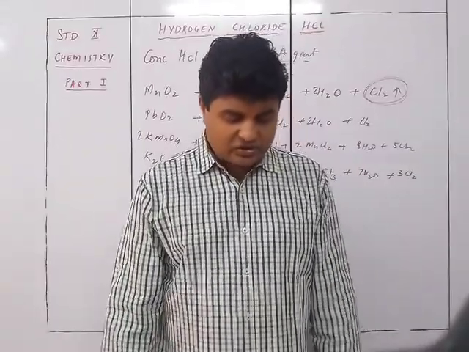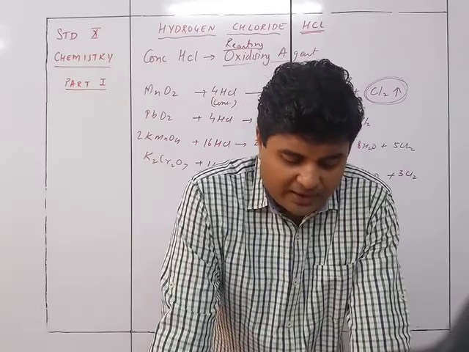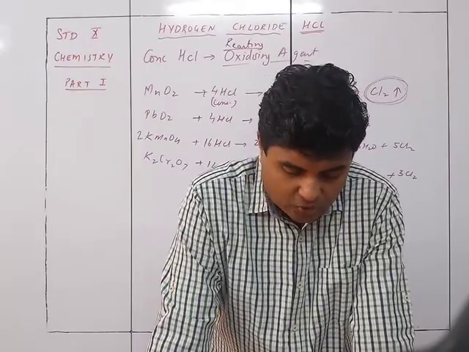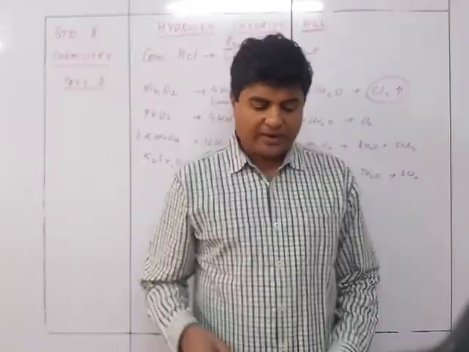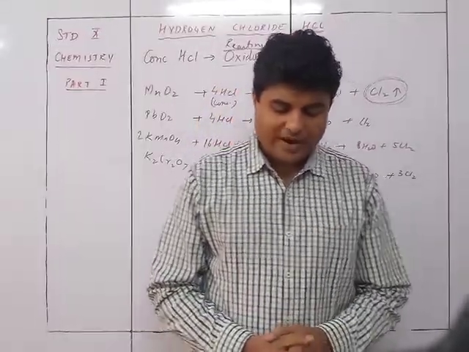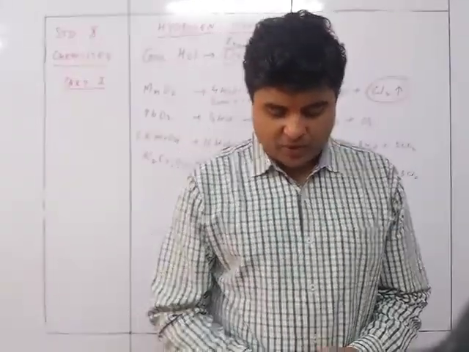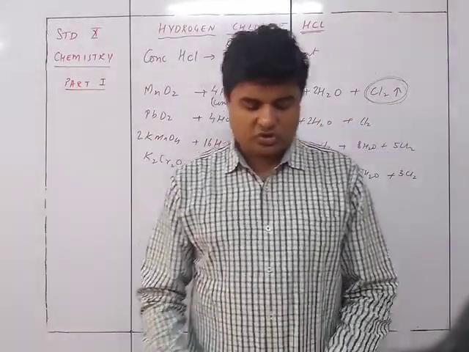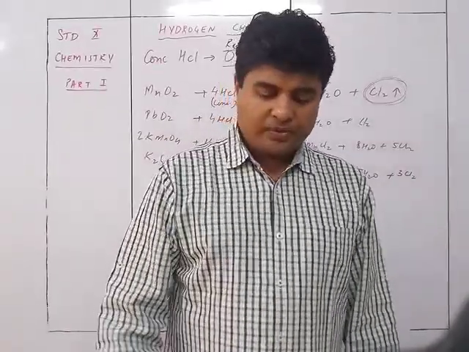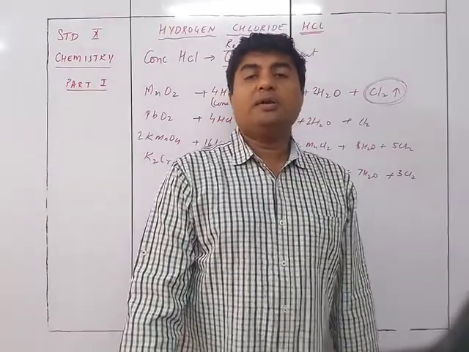So in these reactions, nitric acid plus hydrochloric acid will give you salt plus water plus chlorine, and this nascent chlorine is going to react with gold or platinum to give you gold chloride or platinum chloride. Hence aqua regia dissolves noble metals, for example gold and platinum, which are insoluble in all other acids. So yeah, HCl plus HNO3 will give you nascent chlorine.